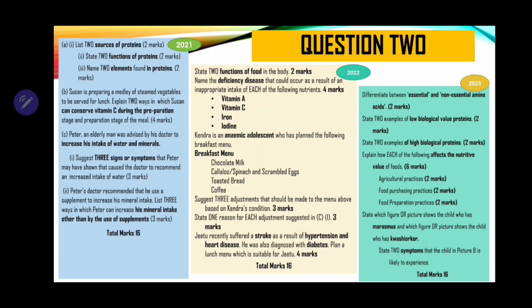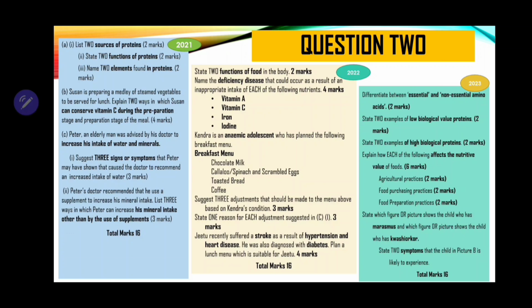explain how each of the following affects the nutritive value of food. So we can look back in 2021 and see it is asking how we can conserve nutrients during the preparation of food. This question is asking us to explain how these practices will affect the preparation of food, right?